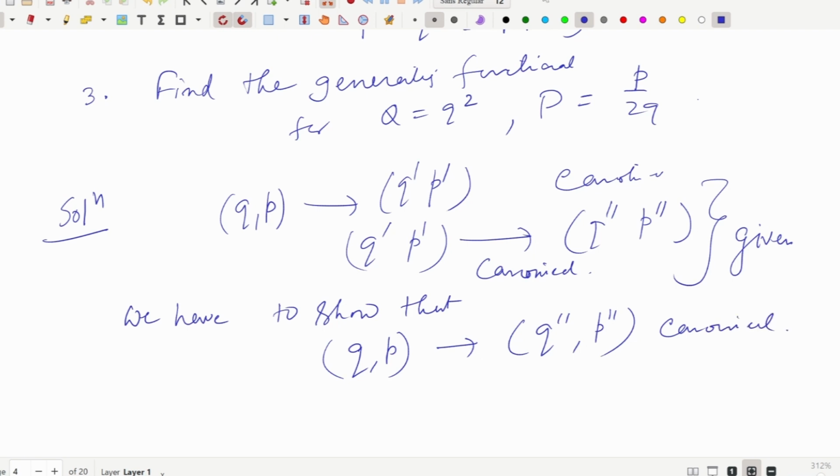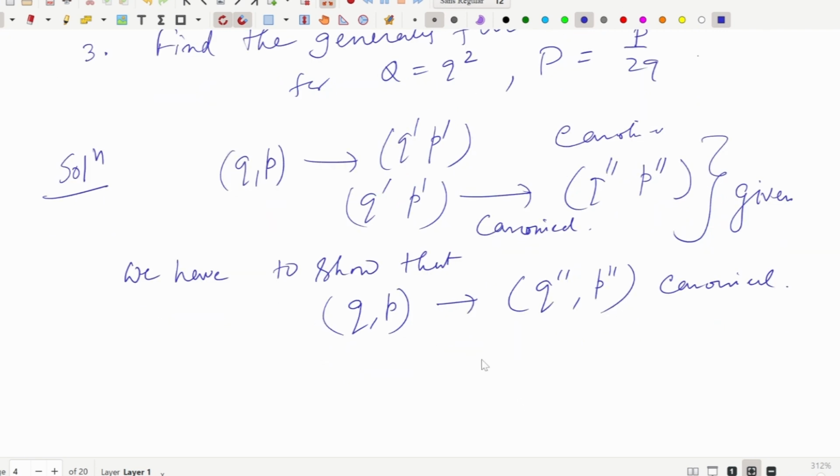This is a straightforward problem. I use the method of exact differentiation. So given is that (q, p) going to (Q', P') is canonical. It can be for more variables, no problem.